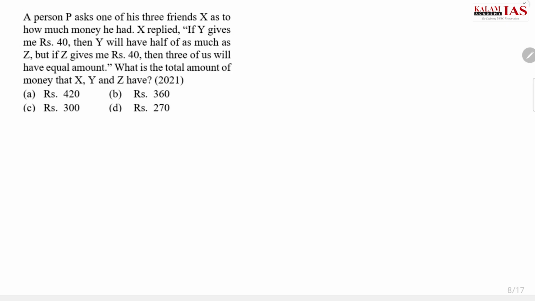In this question it is given a person asks one of his three friends X as to how much money he had. X replied. So there are three friends X, Y and Z, and a random person P is asking friend X how much money he has.